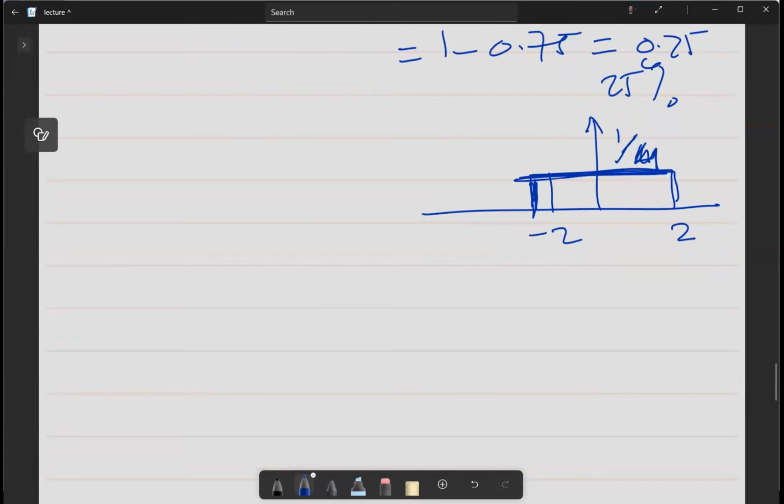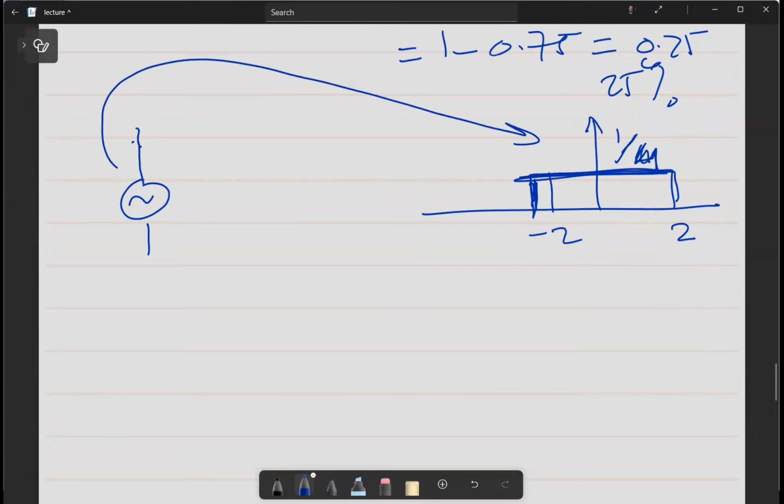Okay, so if you have some random generator, and the distribution of the signal is continuous, the same as this distribution from -2 up to 2, and we have here a resistance R, and this R equals, let's say, 5 ohms.